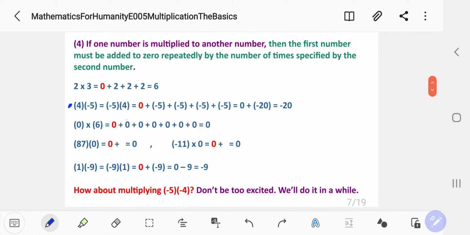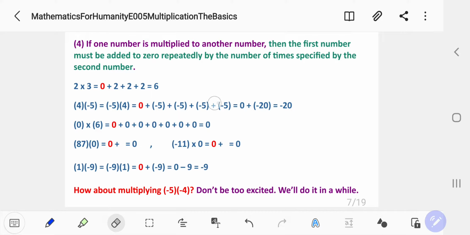So this should be equal to 0 plus negative 5, plus negative 5, plus negative 5, plus negative 5, 4 times. You can forget about the 0. So when you add negative 5 plus negative 5 plus negative 5 plus negative 5, that's just negative 20. You can review the rules of addition of negative numbers in the previous episode, and you get negative 20.